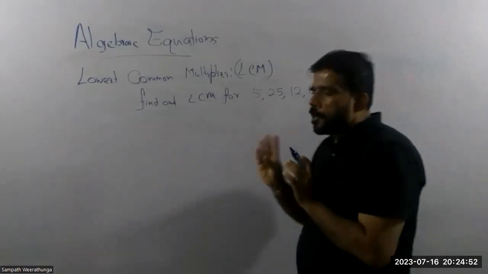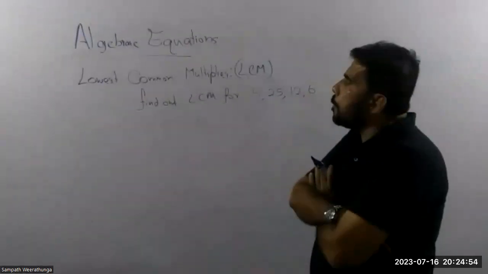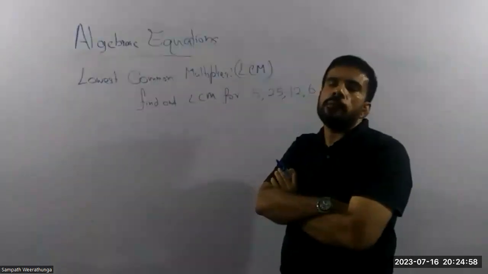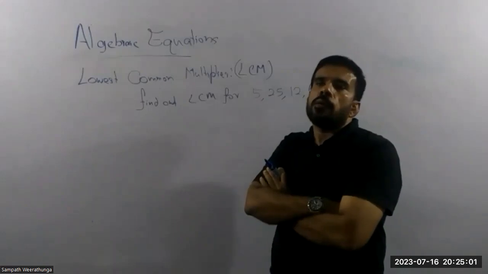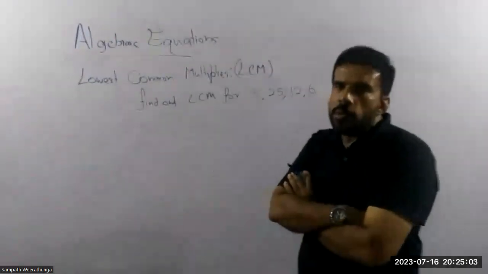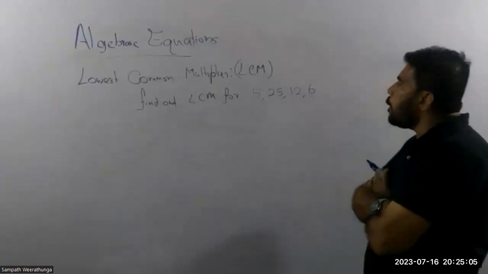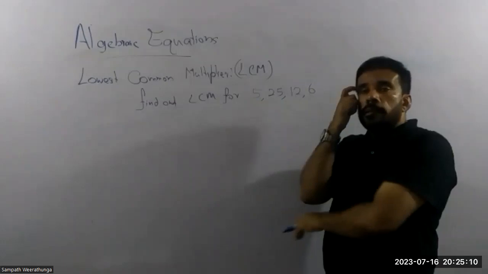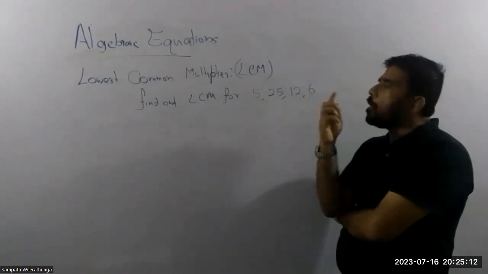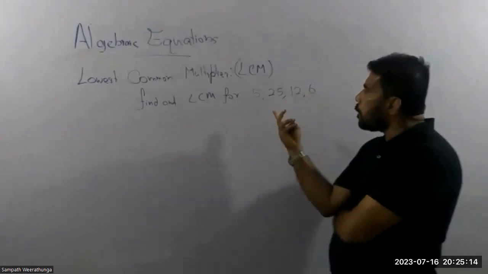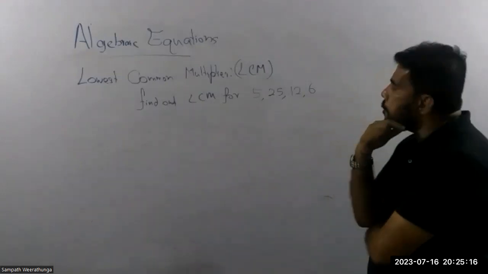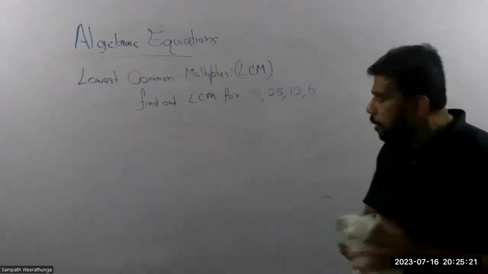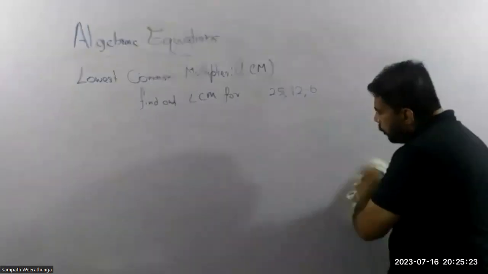The meaning of lowest common multiplier is the smallest number which can be divided by all the given numbers. What is the common divider for all the given numbers? That is the meaning of lowest common multiplier.